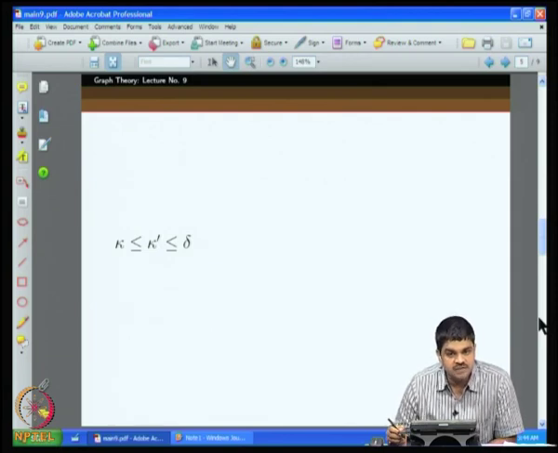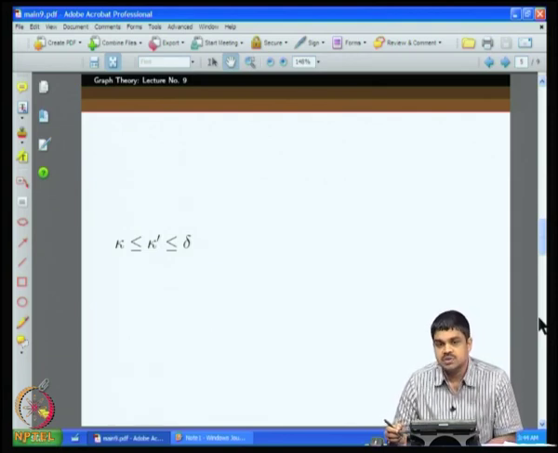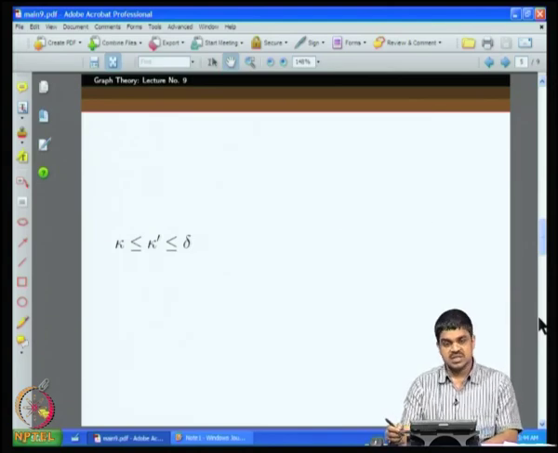All those edges will anyway get removed, right. Therefore, the vertex connectivity is going to be at most the edge connectivity. What you do is you consider a collection of edges by removing which the graph gets disconnected. Now, you can remove one endpoint of each edge, that means one vertex for one edge.